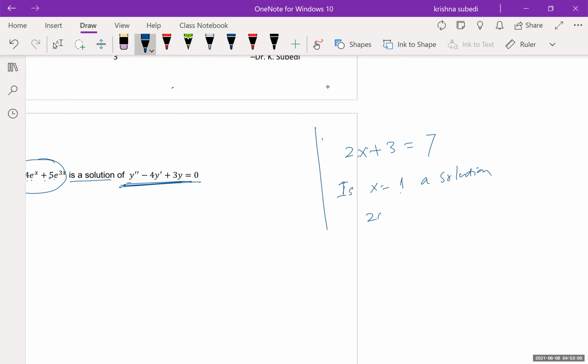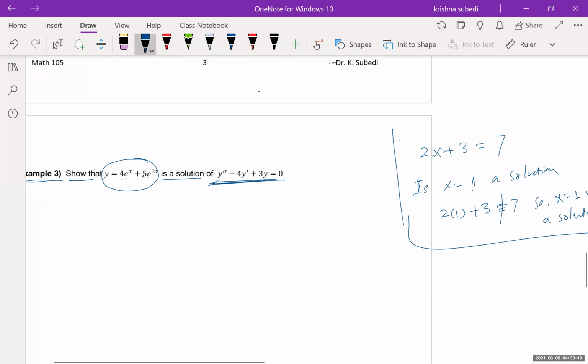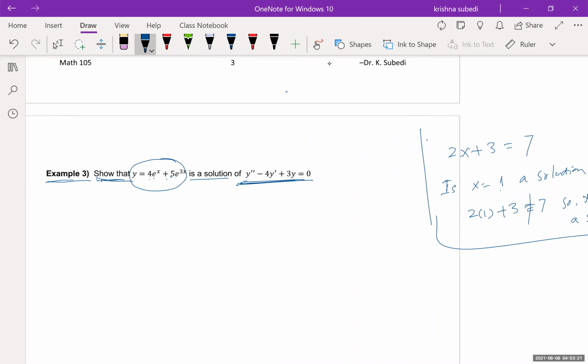So 2 times 1 plus 3 equals 7. No, that's not true. So that is not a solution, okay? This doesn't check. So x equals 1 is not a solution. So we know this. We're going to use the same technique here to prove. Okay, guys, go ahead and try.